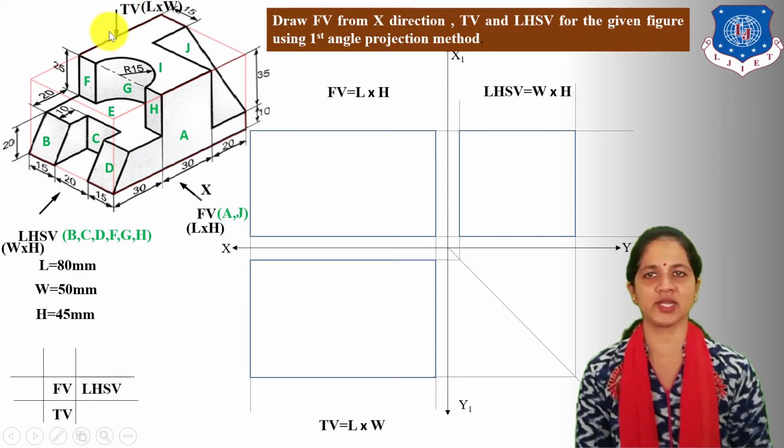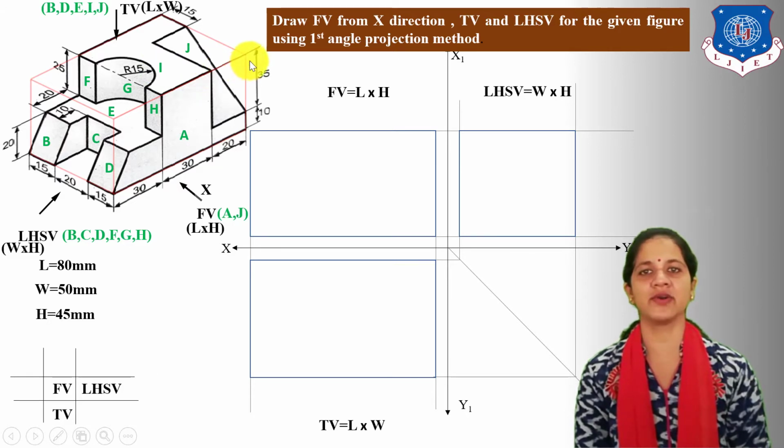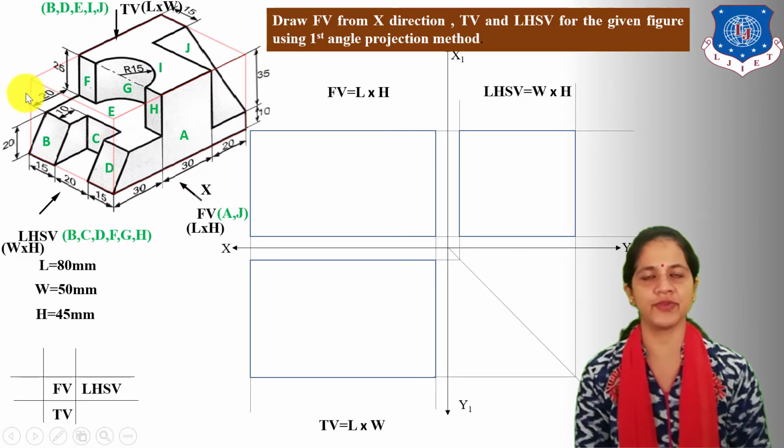From top direction, visible surfaces are B, D, E, I and J which cover length and width.